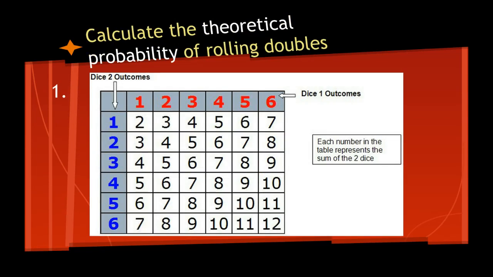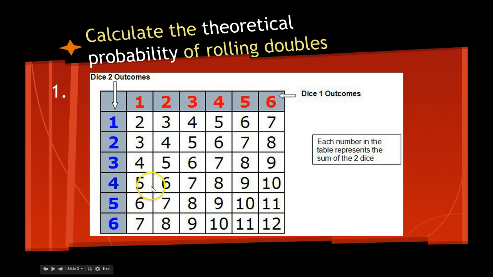Now let's try something. Let's calculate the theoretical probability of rolling doubles when you're rolling two six-sided dice. Your first dice, the outcomes are listed here at the top, 1 through 6 in red, and your second dice, the outcomes are listed on the side, 1 through 6 in blue.